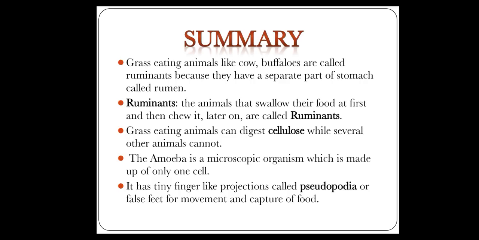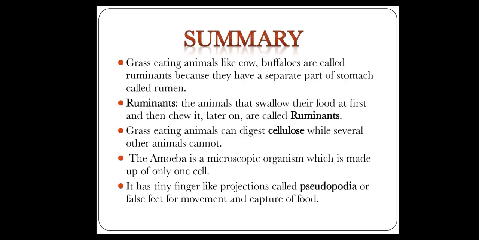The process in which the partially digested food, that is the cud from the rumen, comes back to the mouth and is further chewed is known as rumination. The grass eating animals can digest cellulose because in their cecum certain bacteria are present which are capable of digesting cellulose, and it is not present in other organisms.